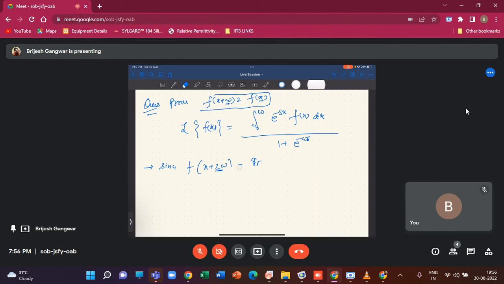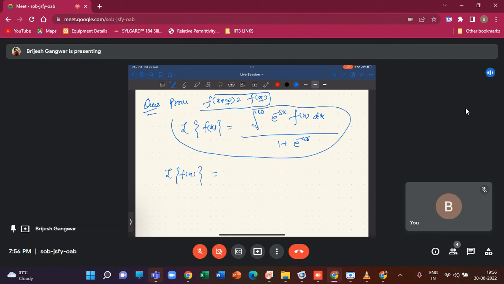Let's start again from the beginning. We have to prove this. We are not using this for now. So f of x we integrate to 2 omega of e to the power minus sx.